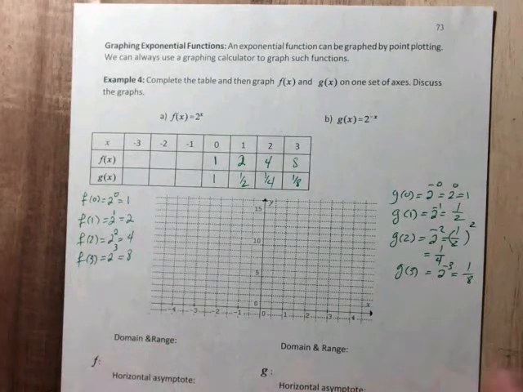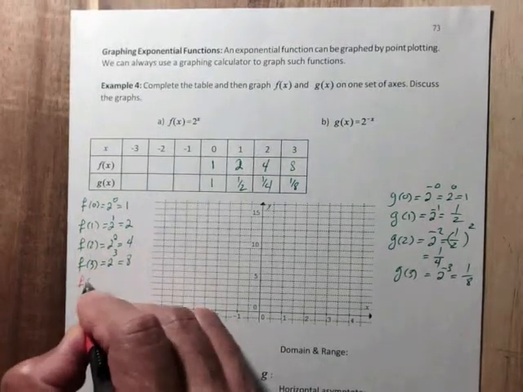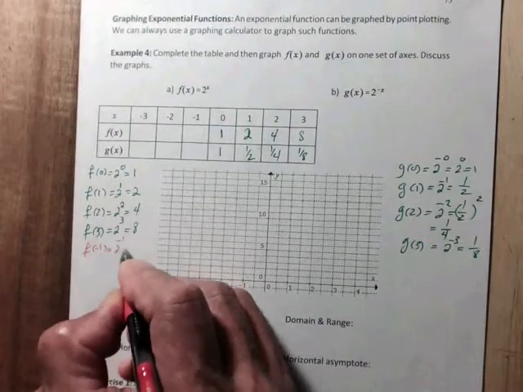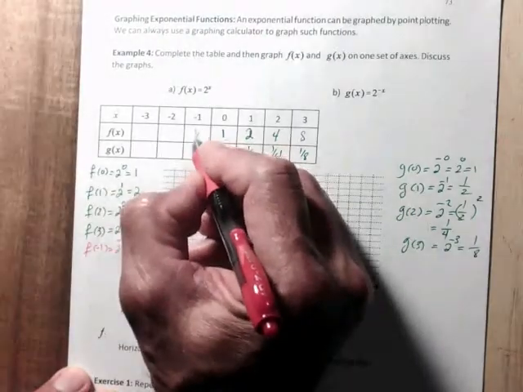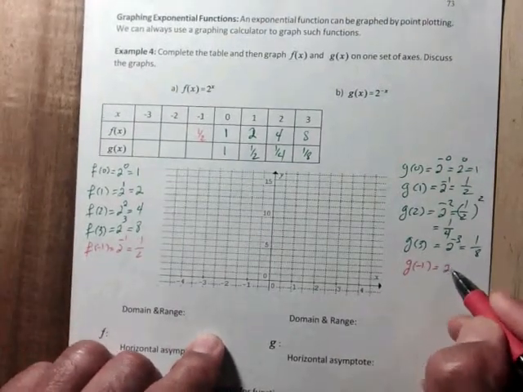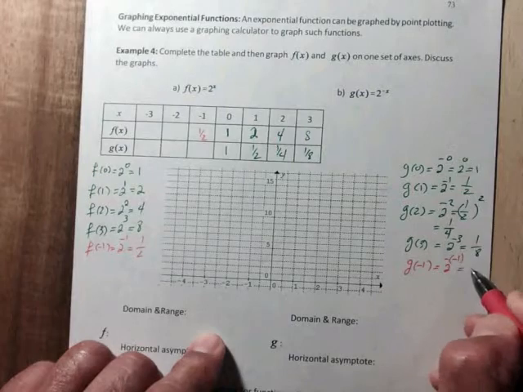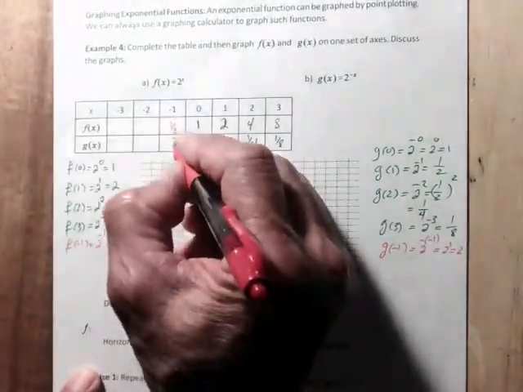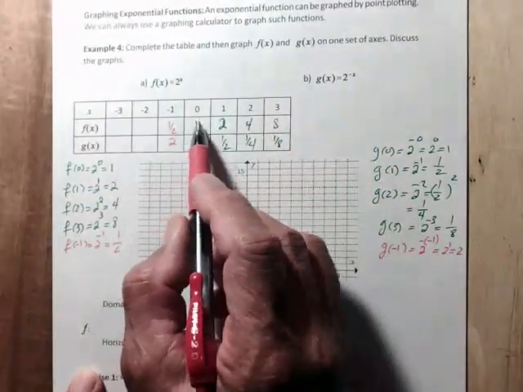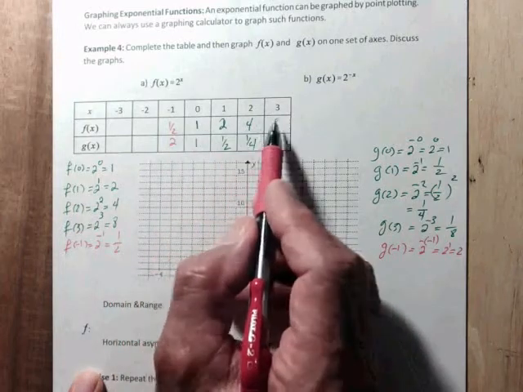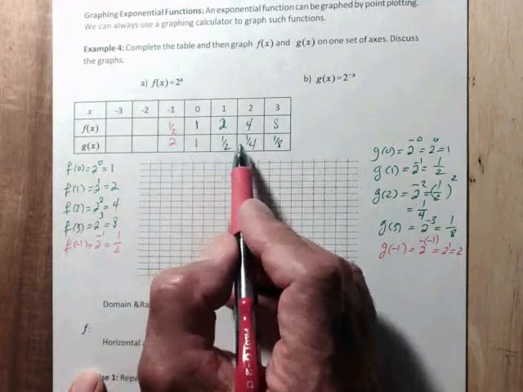And now you can use negative values. f of negative 1 is 2 to the power negative 1, which is 1/2. And g of negative 1 is 2 to the negative times negative 1, which is 2 to the 1, which is 2. Now I get backward, you see. When I go through positive values 1, 2, 3, f is 1, 2, 4, 8, and g is 1, 1/2, 1/4, 1/8.